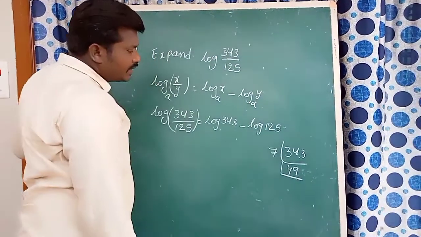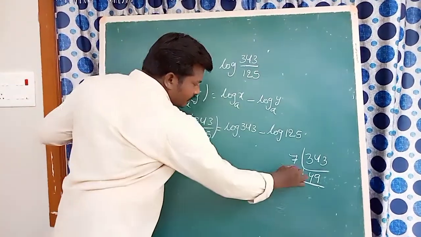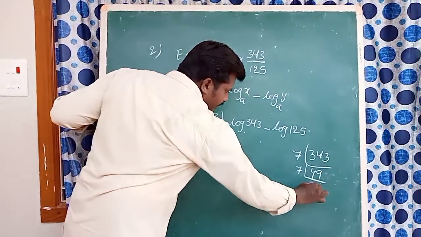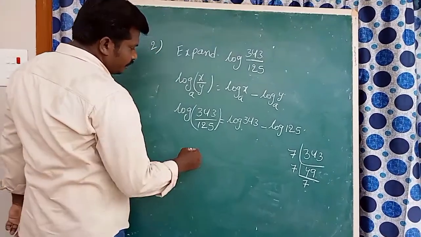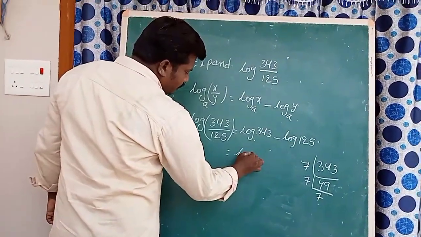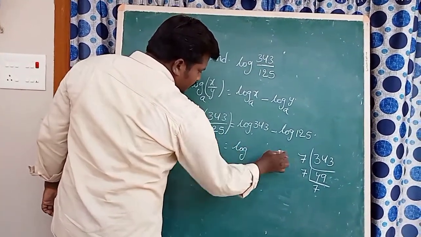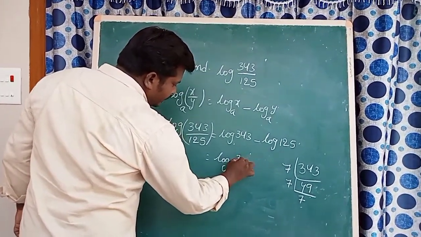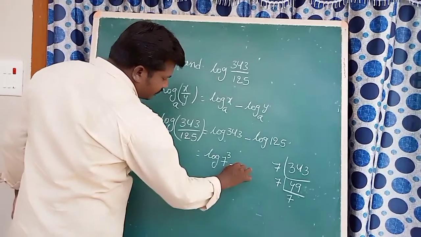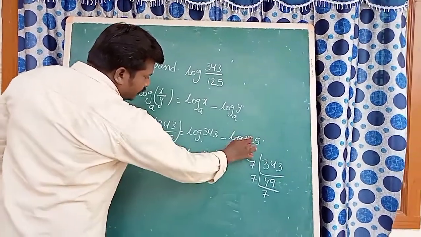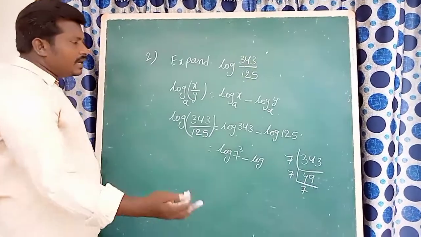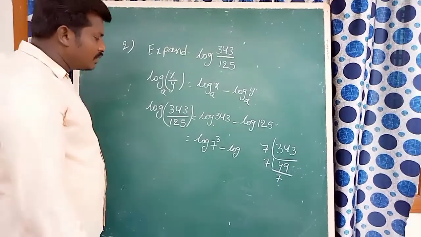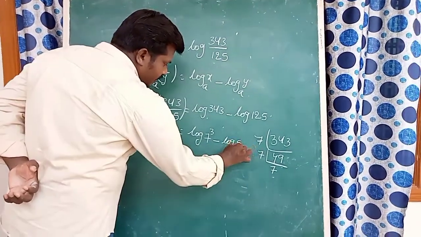Take the prime factorization of 343: 7 sevens are 49, and 7 forty-nines are 343, so it is 7 into 7 into 7. That means log of 7 into 7 into 7, which is simply written as 7 cube, minus log of 125. If you write the prime factorization of 125, you will get 5 cube.